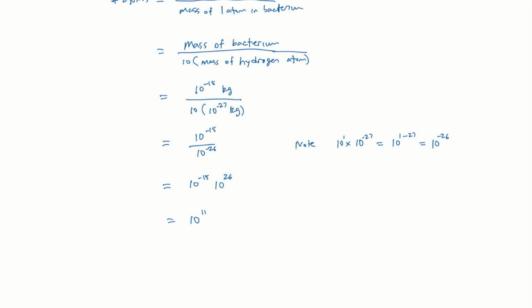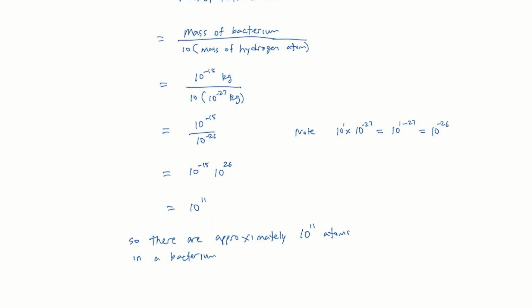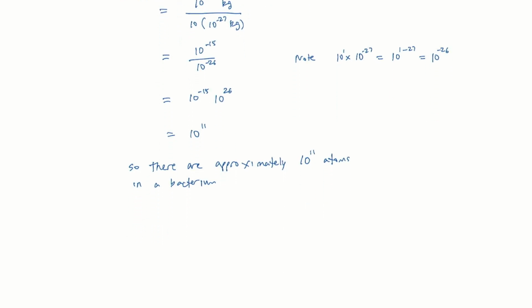And so we can say, so there are approximately 10 to the 11 atoms in a bacterium. And that was what we needed to find.